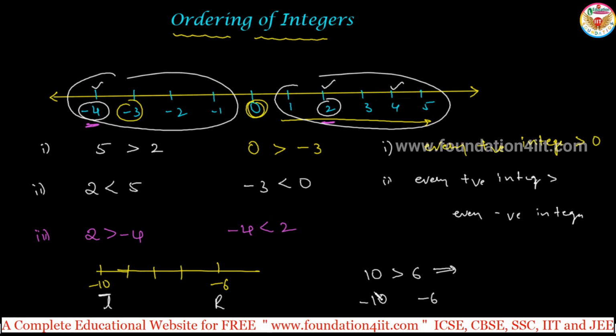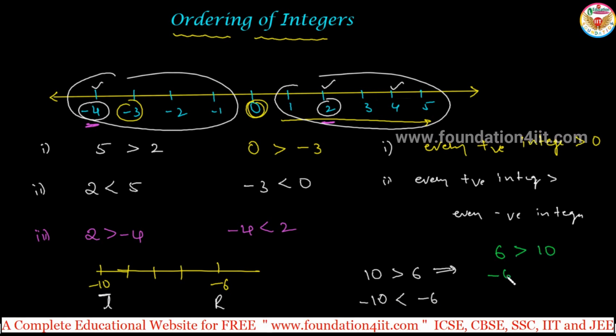That means the left side is smaller, so -10 is less than -6. We can remember it this way: 10 is greater than 6 means -10 is less than -6. Every positive integer is greater than every negative integer.